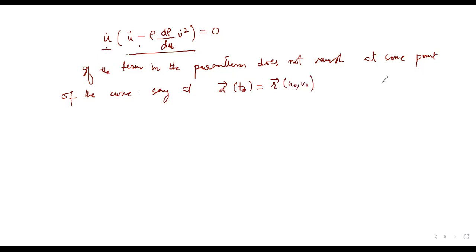Of course, by u naught v naught we mean u naught is equal to u at t naught, and v naught would be v at t naught.